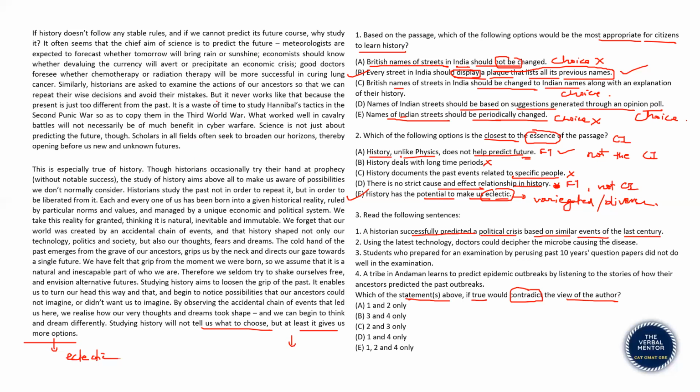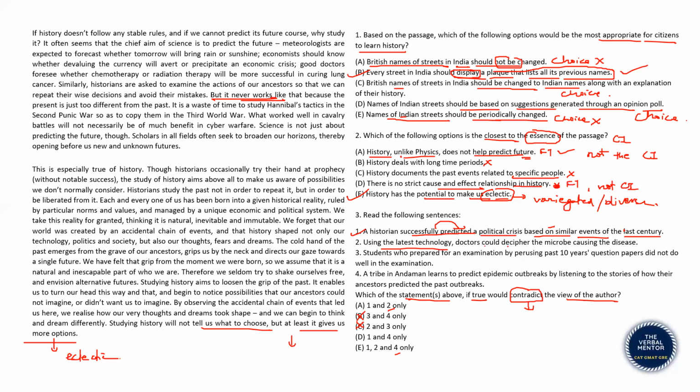But here a historian has been able to predict future based on past. So one would contradict the author's point of view. If one contradicts author's point of view, option B, C are out. A, D, and E remain. So I just have to check 2 and 4 now. Let me check 2 and 4.